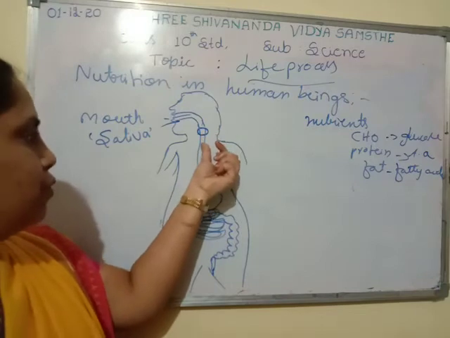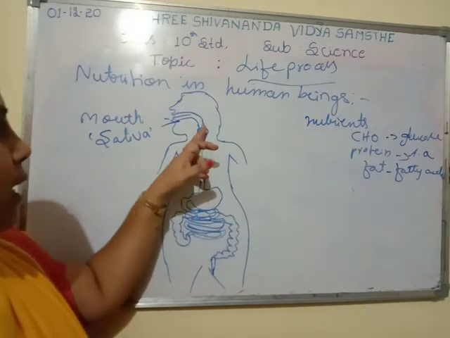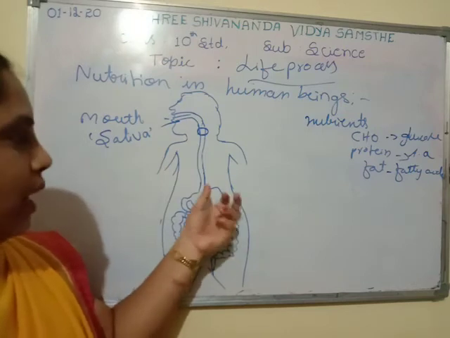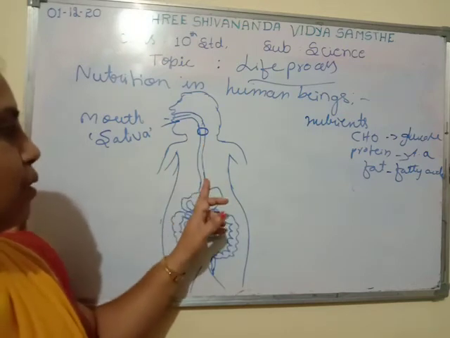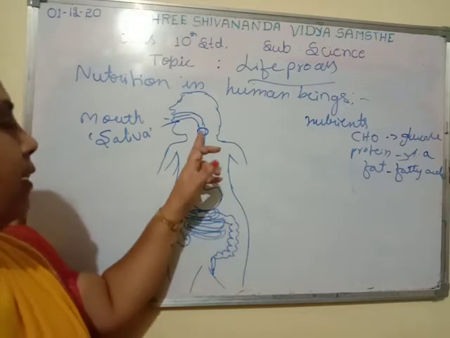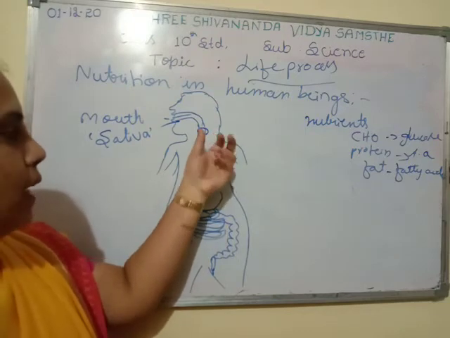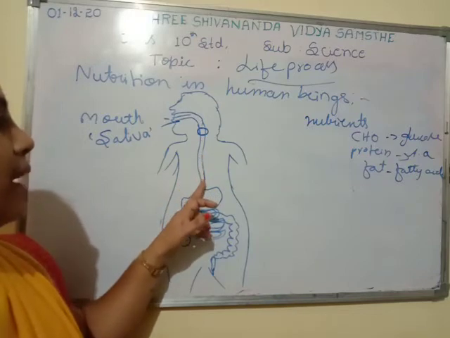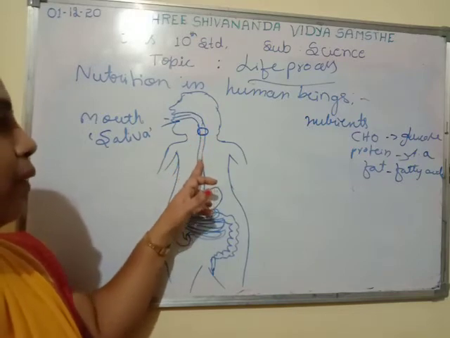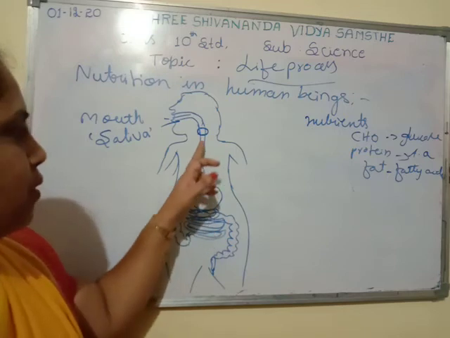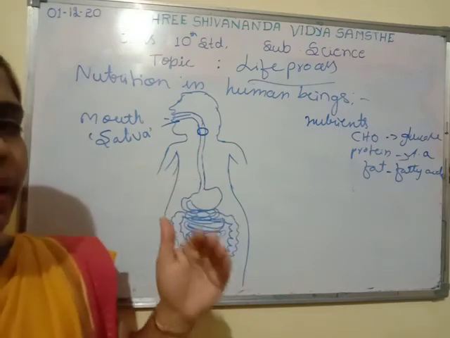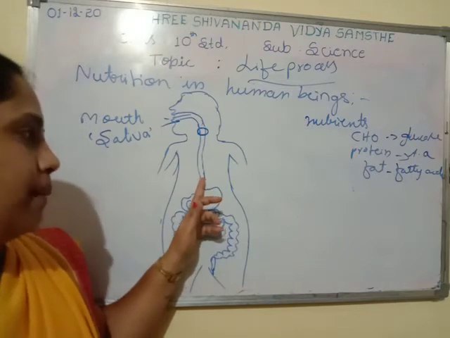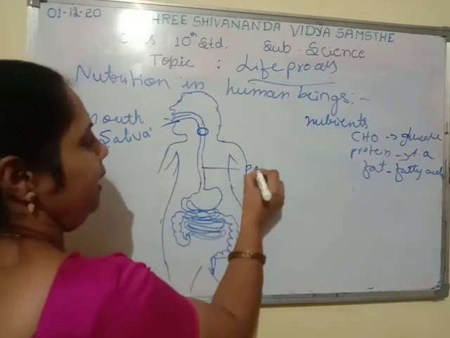So here the esophagus is there, you know. It is a connection between the mouth and the stomach. The esophagus is also known as the food pipe, where this bolus slowly enters. Slowly it goes down. This slow movement of food through the food pipe is known as peristaltic movement.